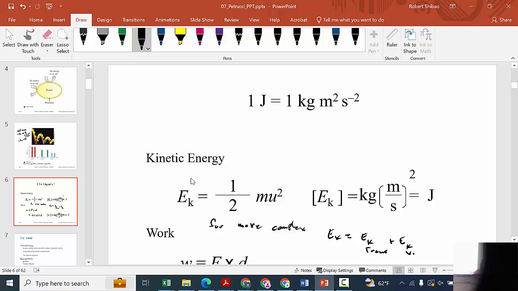So this says translational, this is vibrational, plus the rotational kinetic energy. And we know one other thing about the kinetic energy, that is the E bar K is directly proportional to what?